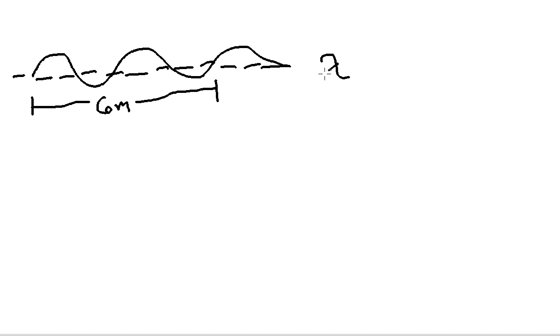So the wavelength equals 6 meters divided by 2, or 3 meters. So this is number 4 we're doing here. So I believe this is A. So let's move on to B.